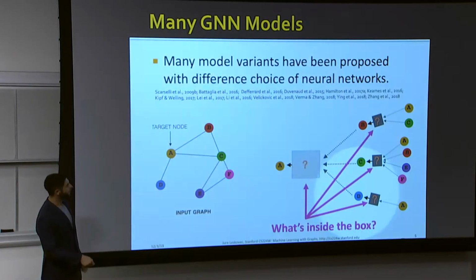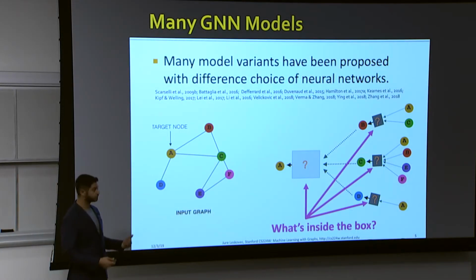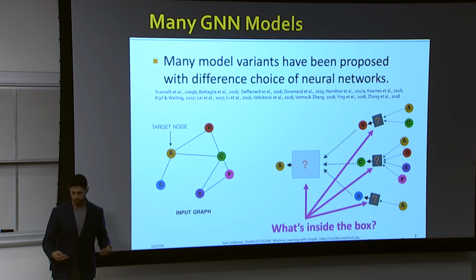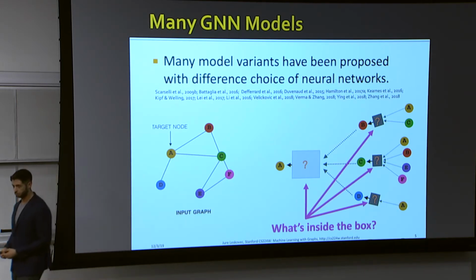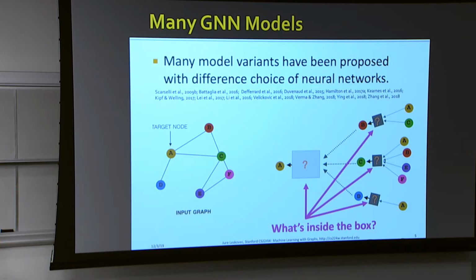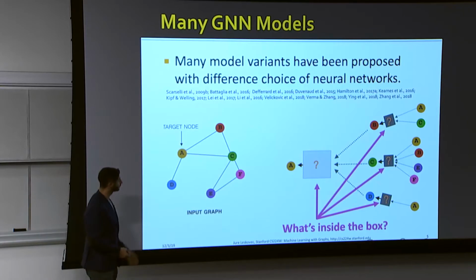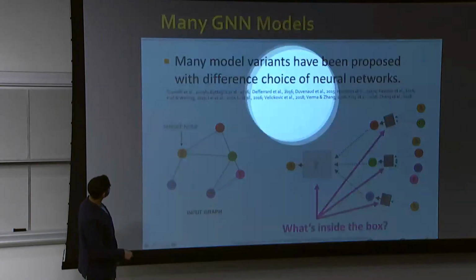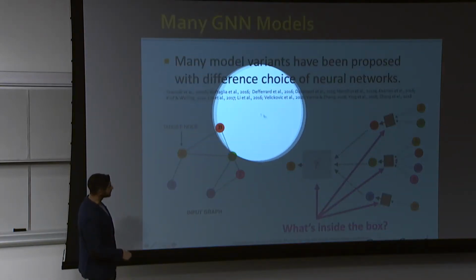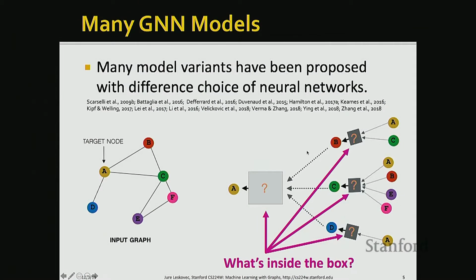We have seen a few examples last month. There are many different GNN models. We covered briefly the standard graph neural network model. We talked about graph convolutional networks. We talked about GraphSAGE. We went very quickly through graph attention networks as well. As you see from this very short list of papers, there are many more architectures out there.